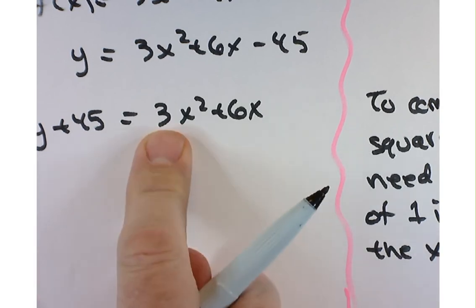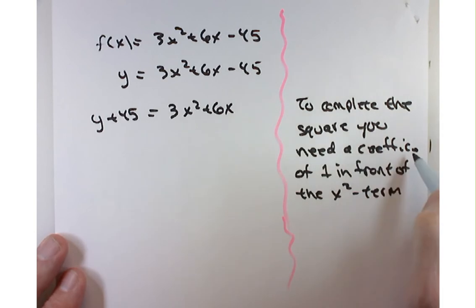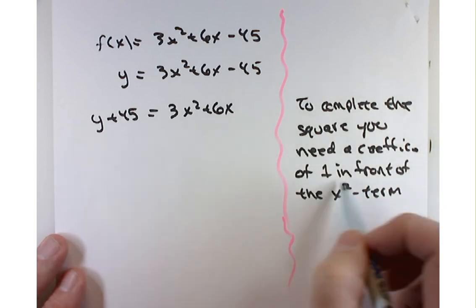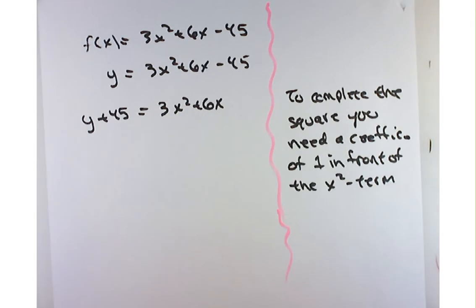I'm just going to have to abbreviate that for time or space. That needs to be a 1. Oops, sorry, I didn't zoom out enough. So to complete the square, you need a coefficient of 1 in front of the x squared term. I've got a 3 there right now. I need to change that.